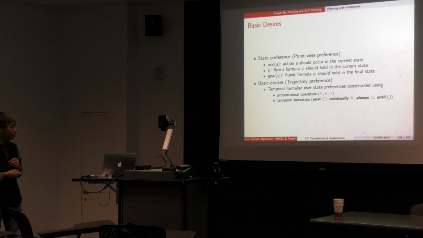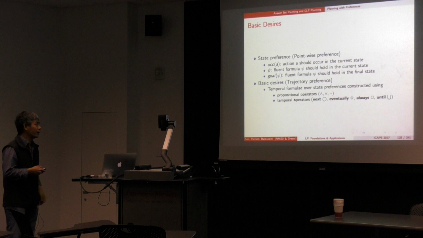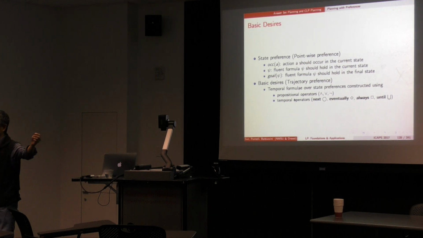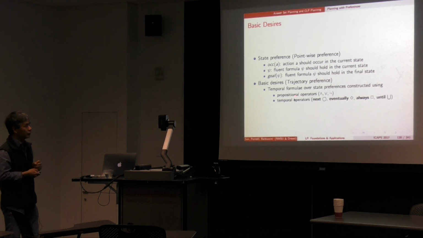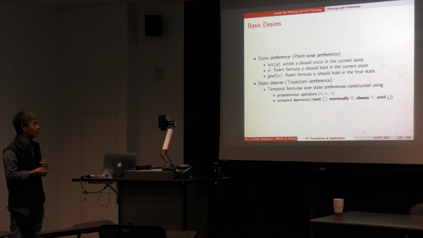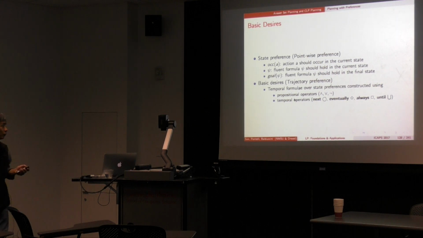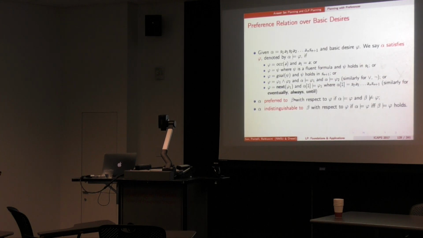This is the additional thing that we want to have in the final course. And then we use temporal formulas over the state preferences to construct the preferences over the trajectory. We use the conventional temporal operators like next, eventually, always, and until. That's the usual. And then we define the preference relation over the basic design.